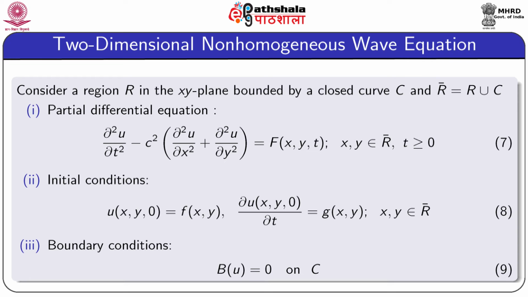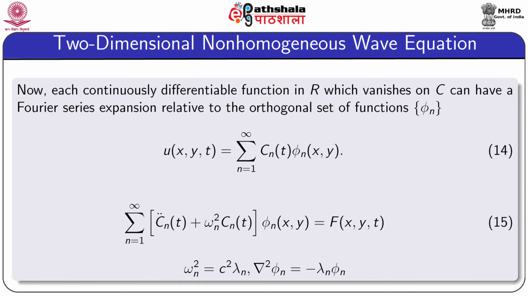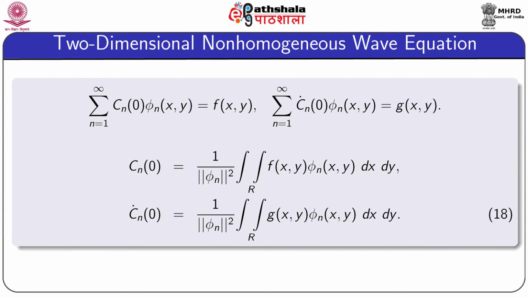So, if we use these two initial conditions in the solution 14, we obtain sum over n of Cn(0) phi n equals f and sum over n of Cn dot(0) phi n equals g. Now, in the first expression, you can see that this is the eigenfunction expansion of the function small f.